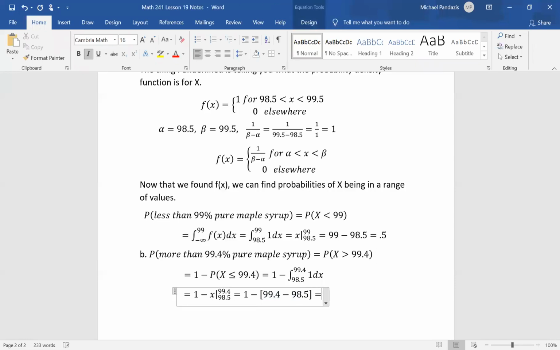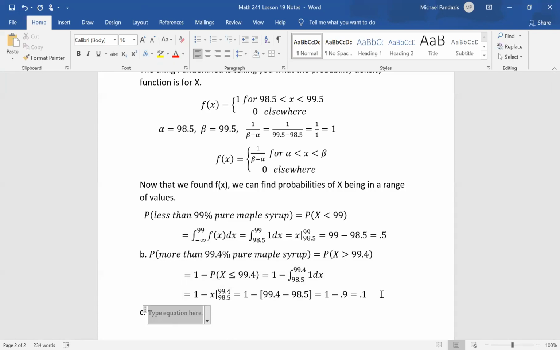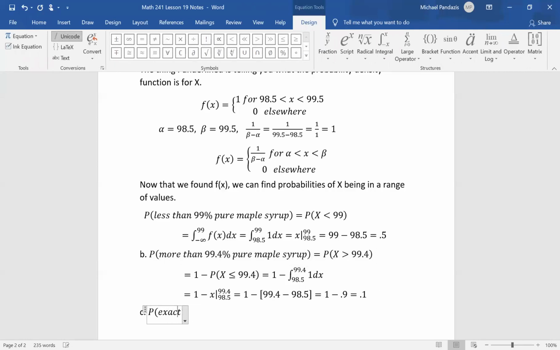Okay, and then this is equal to 1 minus 0.9, which is 0.1. So for B, the probability of more than 99.4% pure maple syrup is equal to the probability that capital X is greater than 99.4. That's also 1 minus the probability that X is less than or equal to 99.4, which is 1 minus that, which is that.